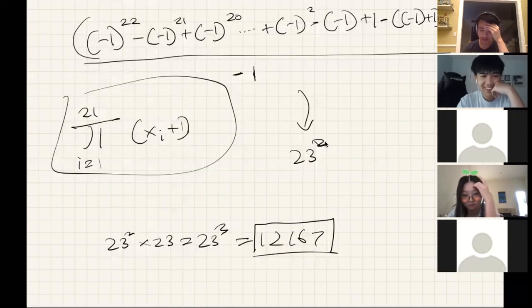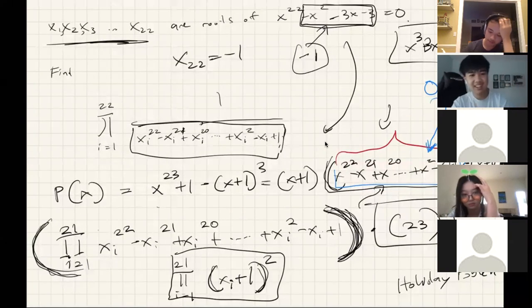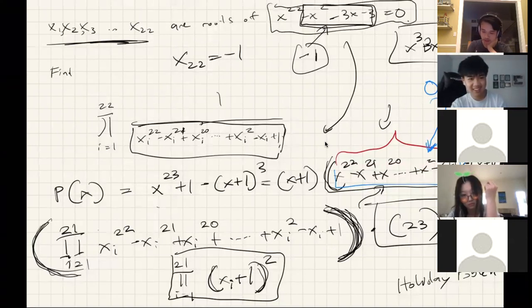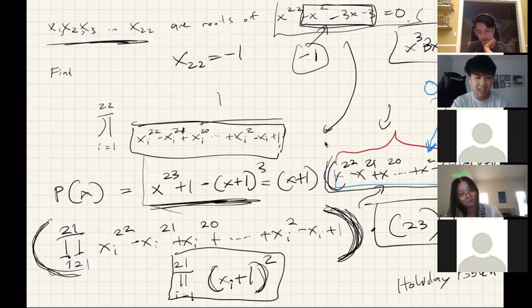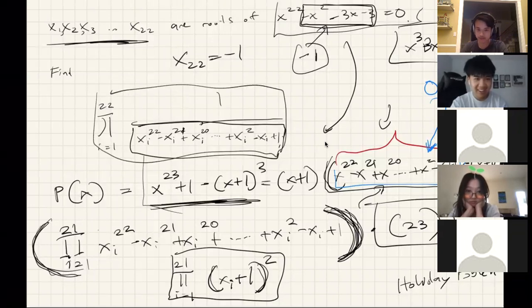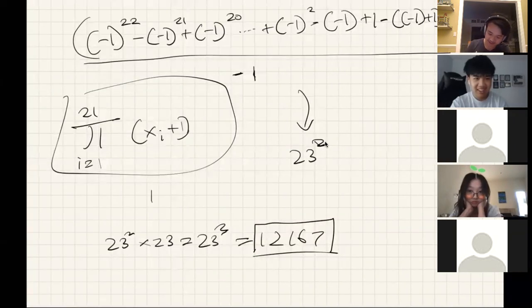I did jump all over the place, but basically what we did was rewrite our given polynomial in a form that was a little easier to work with. This new polynomial is a multiple of the old polynomial because we just multiplied it by x. Then we evaluated this over, wait, sorry, I had to take the reciprocal of everything.